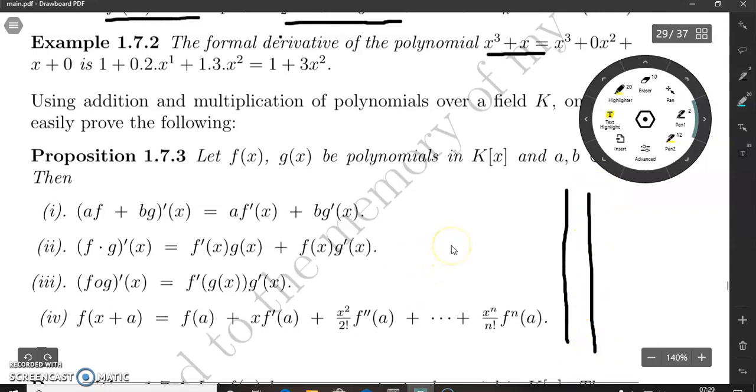So, we assume that you know the notion of derivative and the properties of derivative. Also, this is Taylor's theorem. You may observe that by putting the values of f'(a), f''(a), up to f^n(a) on the right side, you will observe that this will be f(x plus a).